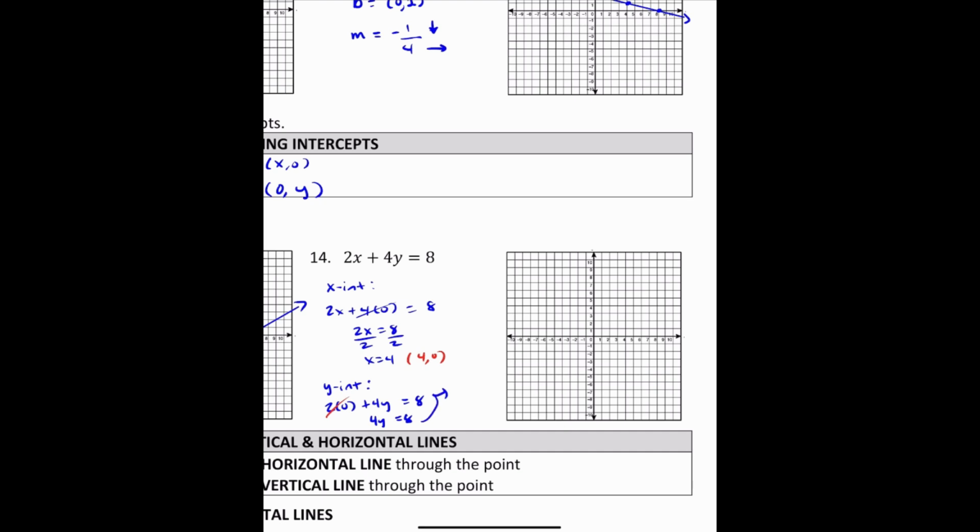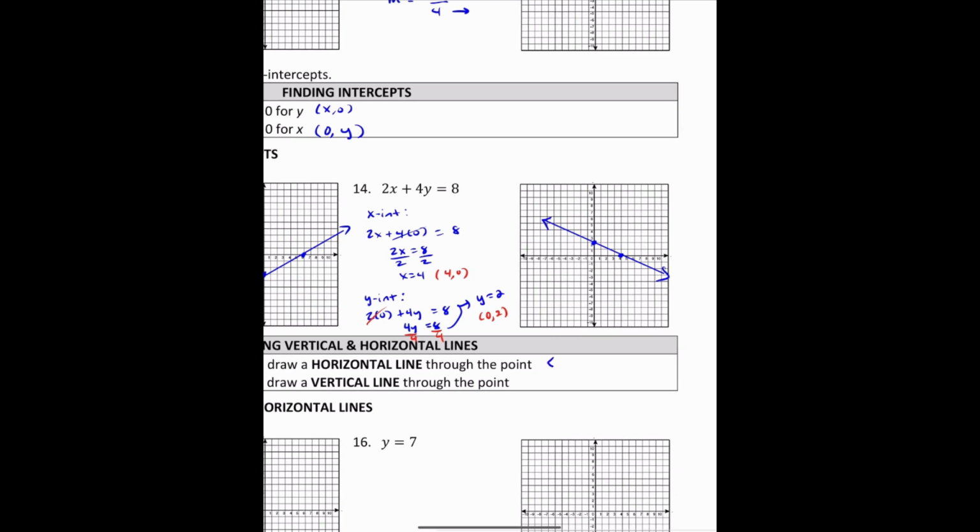Now if you divide both sides by 4, y is equal to 2. So that is in the form 0 comma 2. So 4 comma 0 on the graph should be located right here, and then 0 comma 2 should be located right there. So I can go ahead and connect the dots, and that's your line.